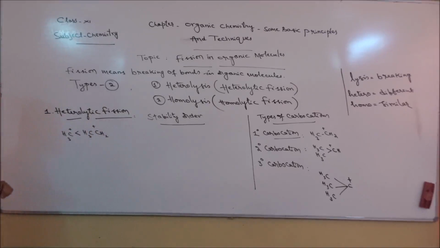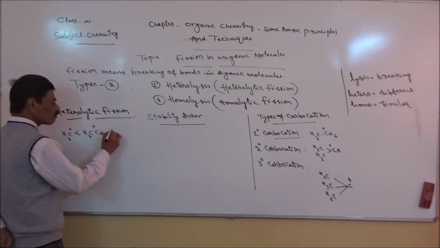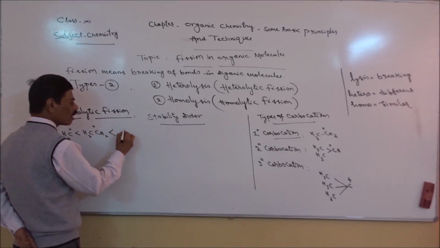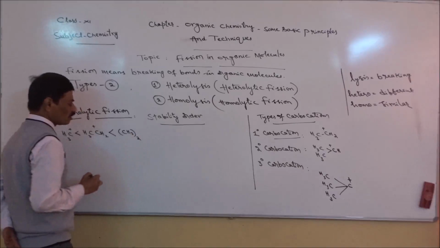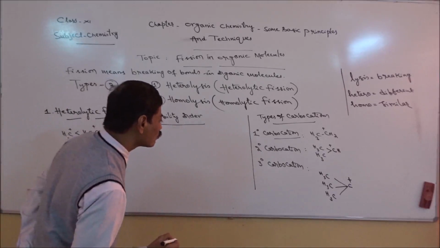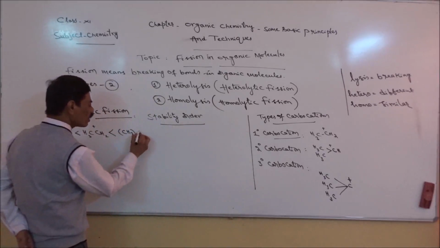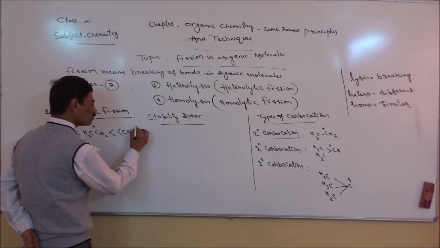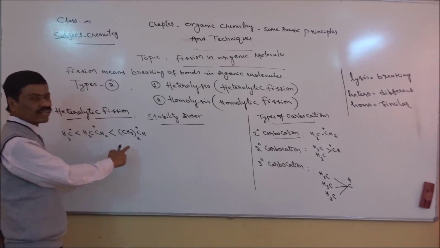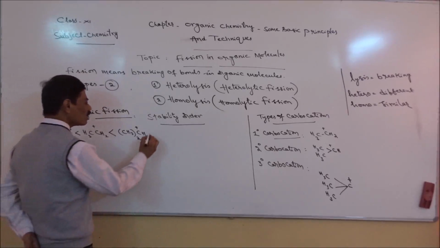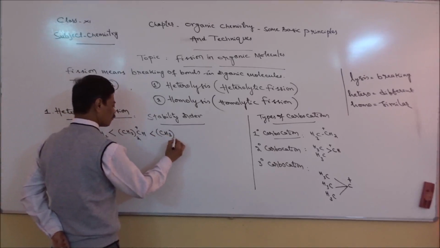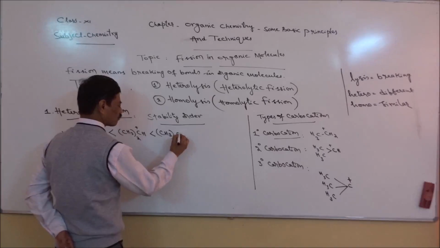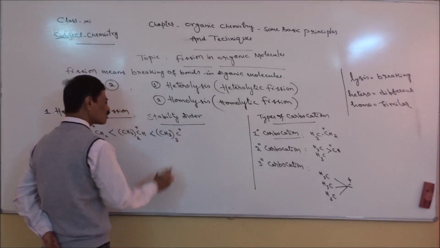And this ethyl cation is less stable than isopropyl, CH3 twice CH cation, meaning secondary cation, and this is less stable than tertiary carbocation. This is the order.